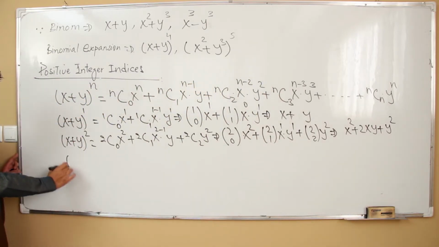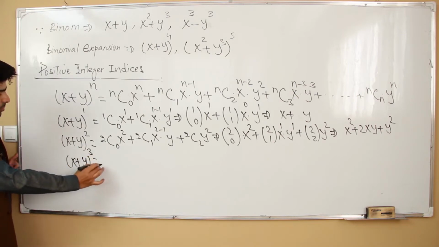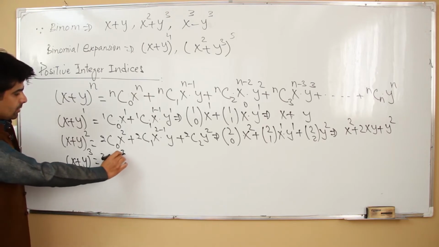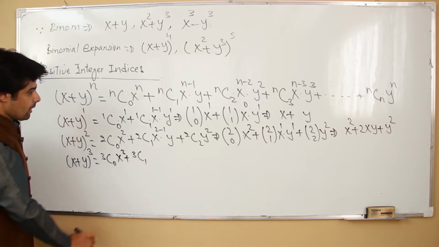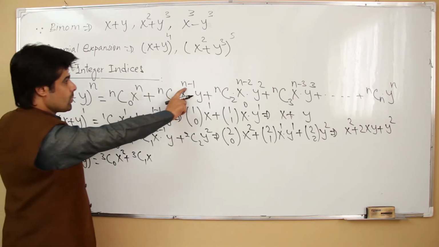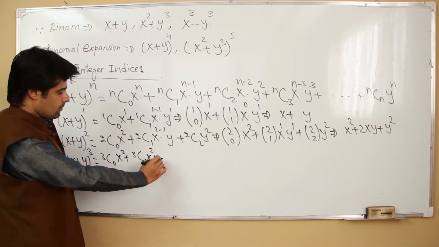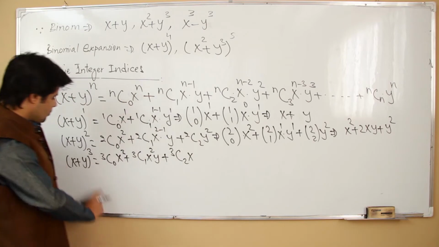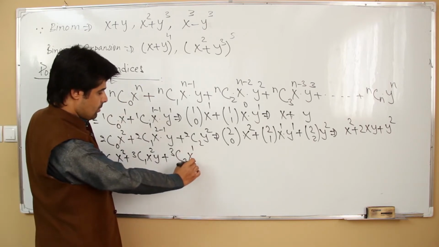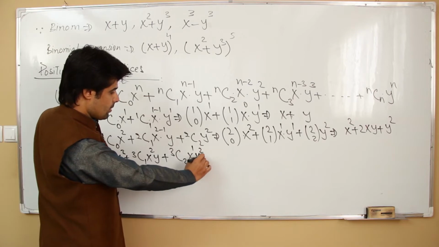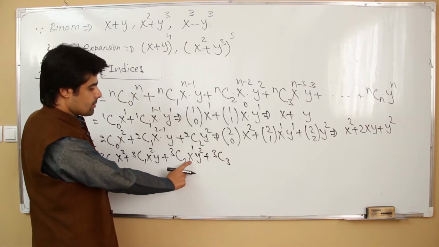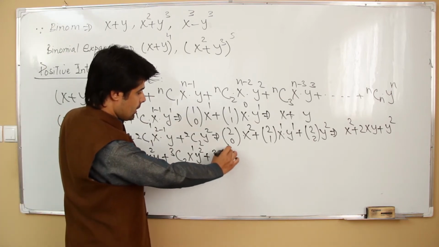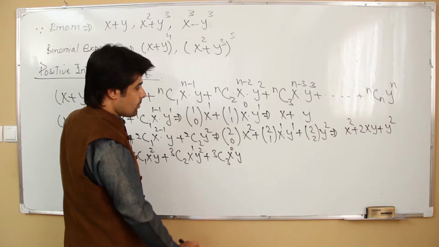If you have (x + y) raised to the power 3, use this formula: 3C0 x to the power 3, plus 3C1 x to the power 3 minus 1, it's 2, y, plus 3C2 x to the power 3 minus 2, it is 1, y square, plus 3C3 x to the power 3 minus 3, it's 0, x to the power 0, y raised to the power 3.